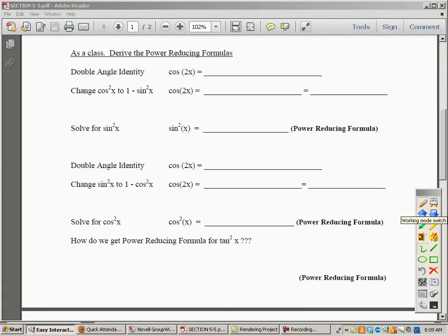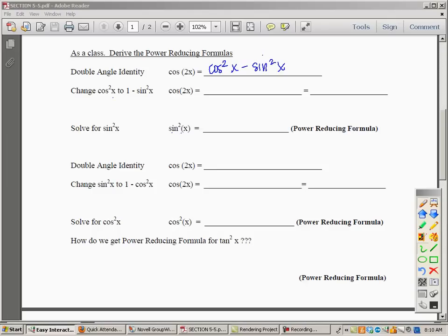We're going to start with the double angle identity we did for cosine above, in hopes to end up with a power reducing formula for sine squared. Well, the double angle for cosine was the cosine squared of an angle minus the sine squared of an angle. All right, and we give you directions to kind of follow.